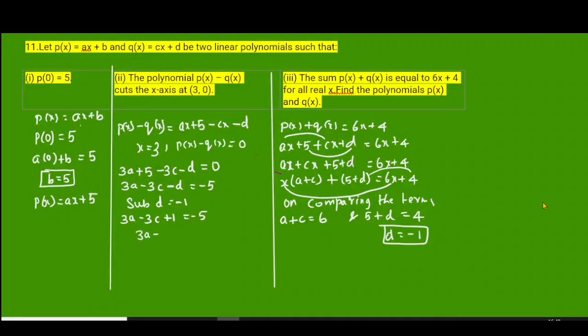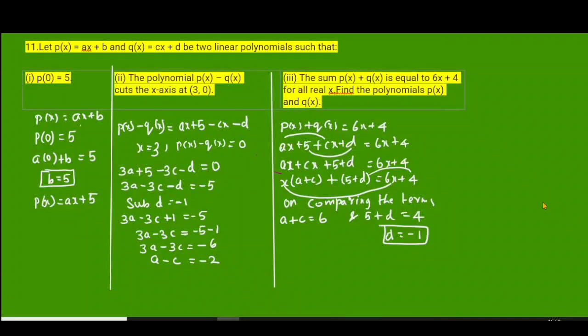So 3a minus 3c plus 1 is equal to -5, and transposing 1 to the other side we get 3a minus 3c is equal to -6. So 3 is common. Dividing by 3 throughout, we get a minus c is equal to -2.